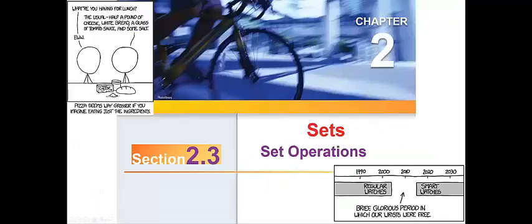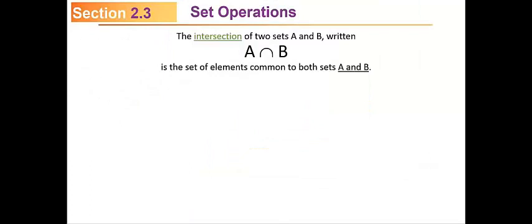We want to continue our discussion of Chapter 2 on sets by covering Section 2.3 on set operations. The intersection of 2 sets A and B, written as you see on the screen with the arch shape or upside down U shape between the sets A and B. That's the symbol for intersection.